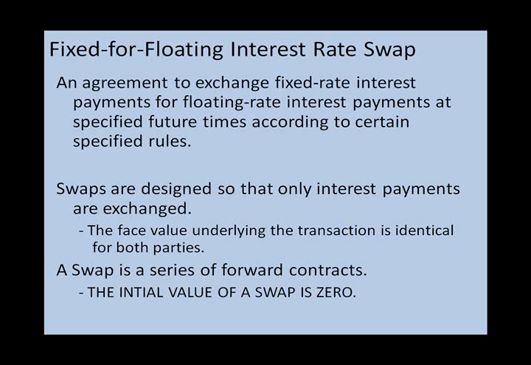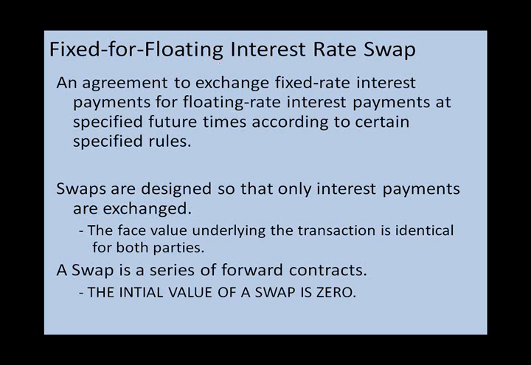I say both parties. There must be someone else in this deal. If Chase wants to swap its fixed payment for floating payments, there must be someone on the other side that is willing to receive the fixed payment and pay out the floating rate. What's neat about this fixed for floating interest rate swap is that it is simply a series of forward contracts on an interest rate. What do we know about the value of forward contracts at initiation?